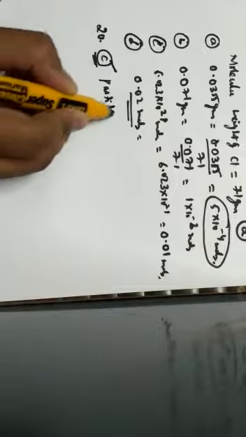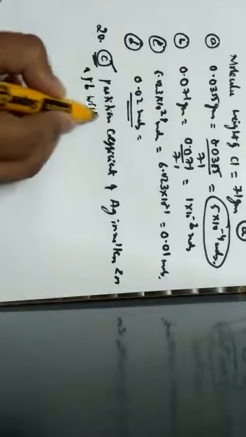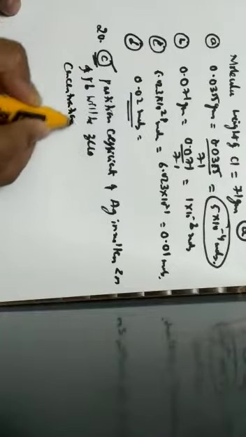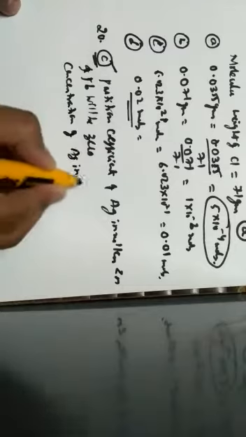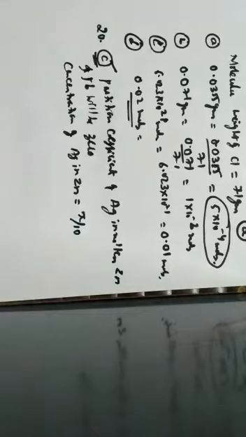Here it has been given that the partition coefficient of silver in molten zinc and lead will be 300. Therefore, let the concentration of silver in zinc be x by 10, because it has been given that there is 10 cm cube of molten zinc and 100 cm cube of molten lead.